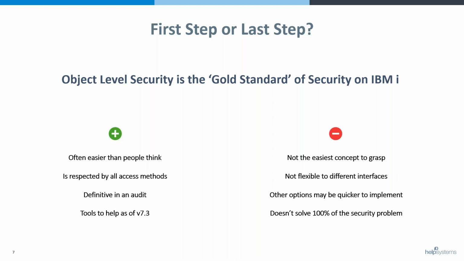So there are other options that need to be brought up in conversation as potential first steps, and we target object level security down the road. I've also listed here that it doesn't solve 100% of the security problem. There's more to security within IBM i and virtually every operating system than just object access, right? Things like auditing. And so object level security doesn't address all of those things. And we need to have a game plan for that as well.